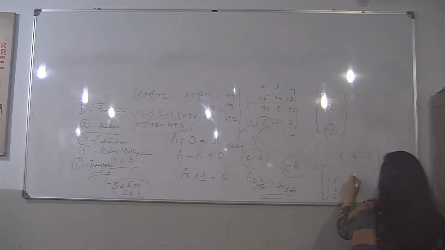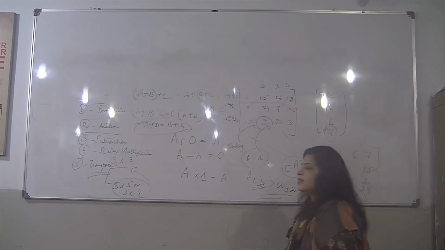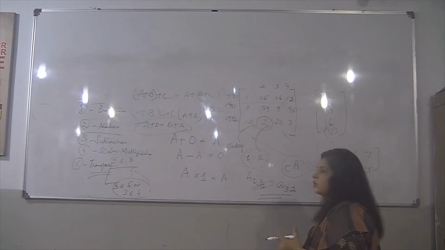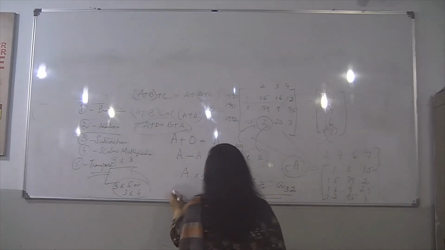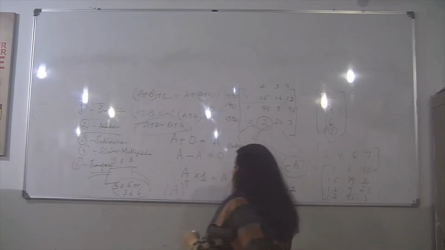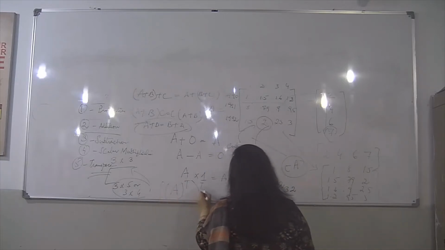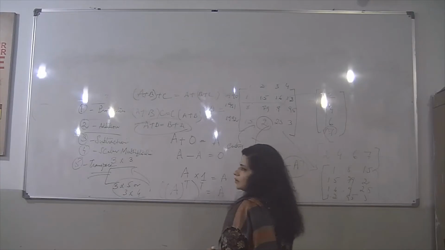Then 8, 0.7, 9.9, and 0.95, and 1.5, 2, 2.5, and 3. So you get the transpose of the matrix, and when you are transposing something, you simply represent it with a T. When you take the transpose of the transpose, it just returns A to you in this case, right?